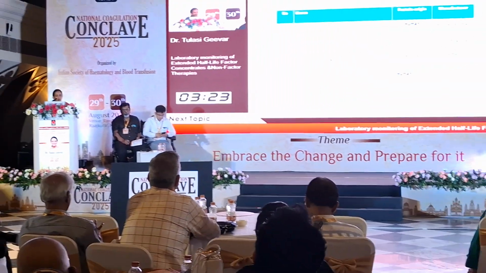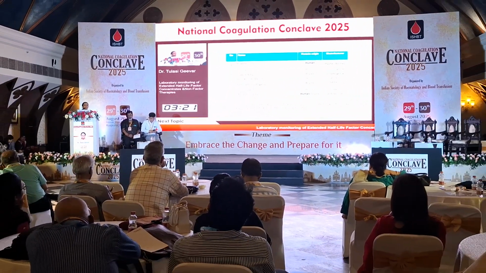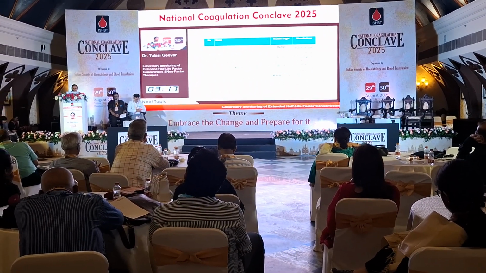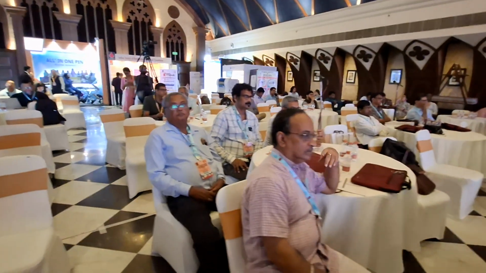But all the others, because they have got bovine based reagents, will not be able to recognize the effect of emicizumab. That is, emicizumab will not bind to bovine factor IX and bovine factor X. So this is from Hyphen Biomed.